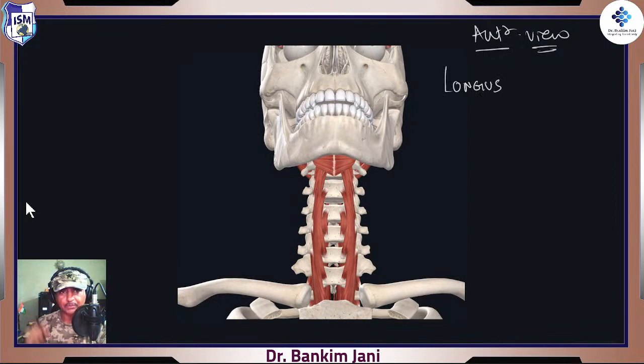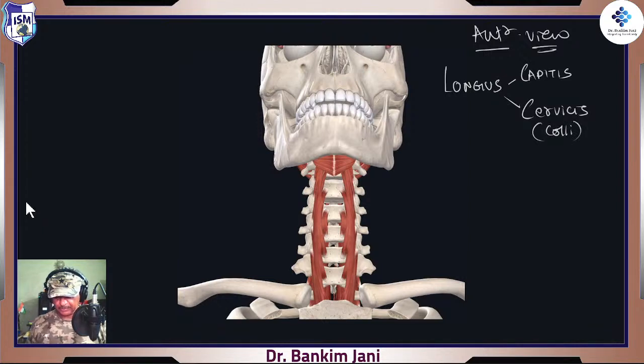Those muscles which will be landing on the occiput, the skull, will be called longus capitis. Those muscles which will be playing into the area of the cervical region are called longus cervicis, lovingly called colli. These muscles are small muscles. Collectively, the joint effort makes it look like they are long muscles, but otherwise they are small muscles.